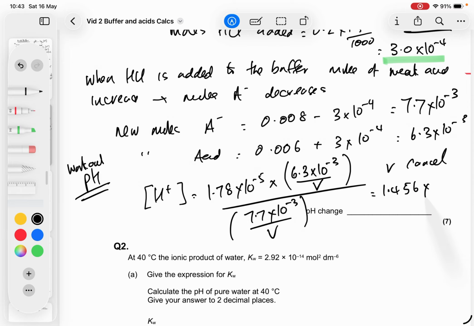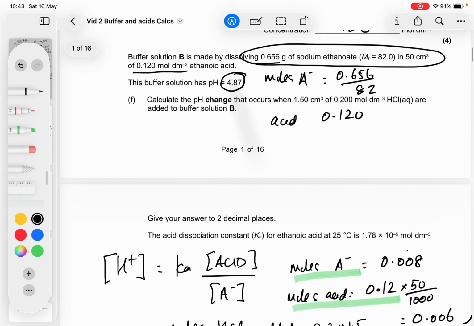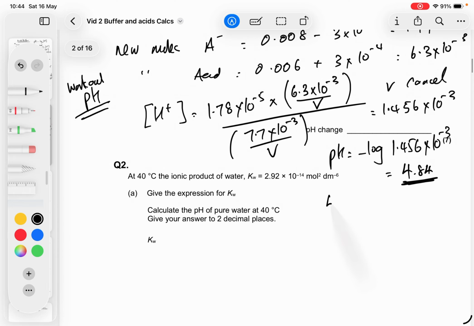1.456 times 10 to the minus 3, and then pH equals minus log of 1.456 times 10 to the minus 3, and I get an answer of 4.84. That means that the initial pH was 4.87, so my change is 0.03.